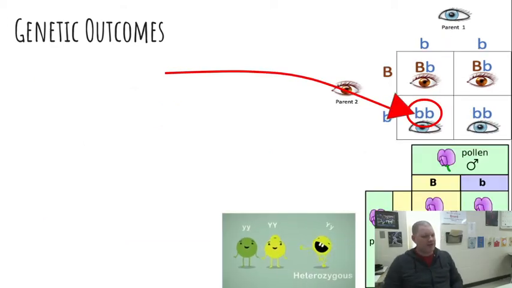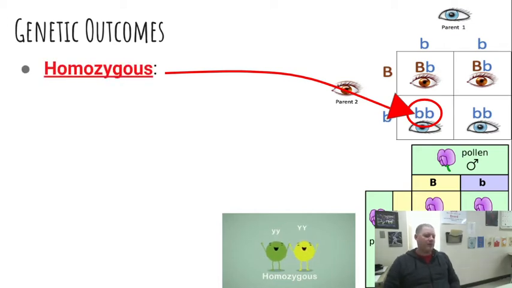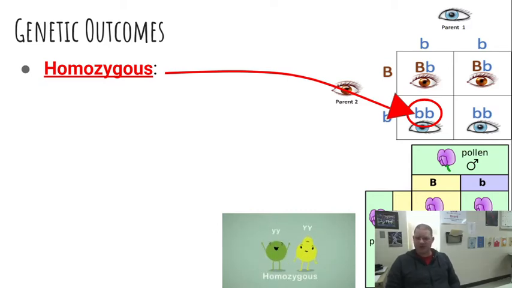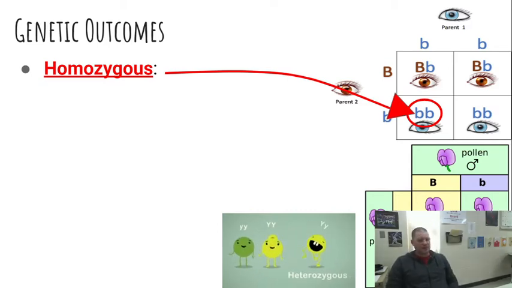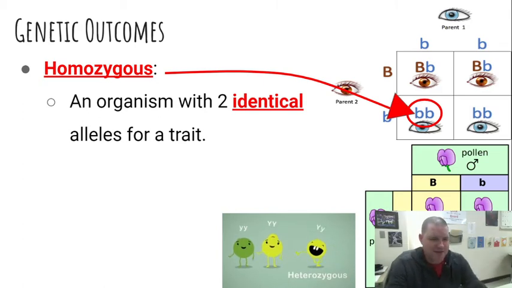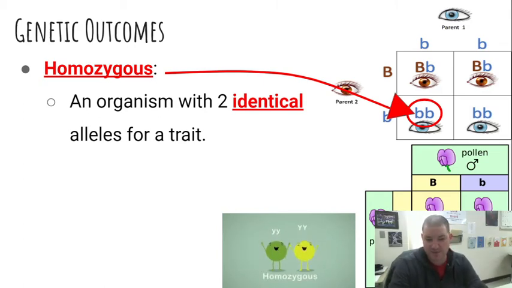The next set of words has to deal with whether you are purebred or a hybrid. We have the term called homozygous, where the word homo means same. The word zygous means zygote, which is what we call the baby cell that gets created. So do you have the same type of gene in your cells? How that ends up working is that you have 2 identical alleles for a trait.